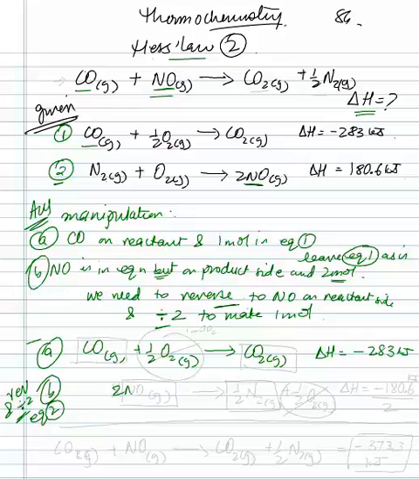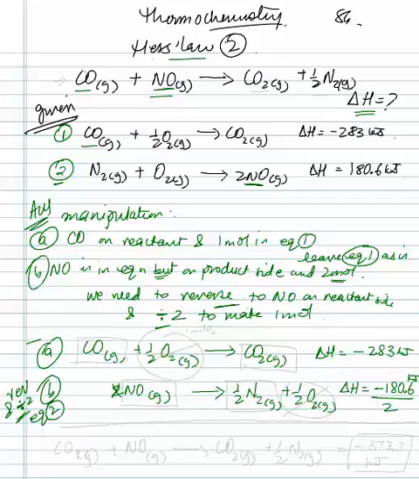So NO gas, not 2NO, NO gas to give us half nitrogen gas plus half oxygen gas. So now let's look at delta H. Delta H will be reversed, which means it is now minus 180.6, and we need to divide that by 2 in order to do our mole ratio correctly. So we divide everything by 2 over here.